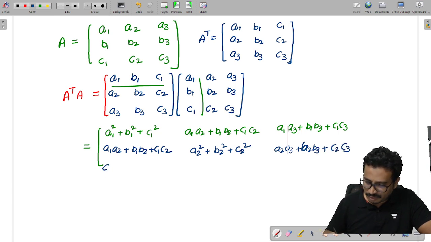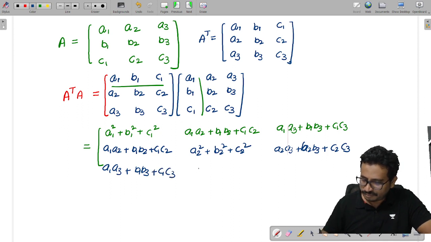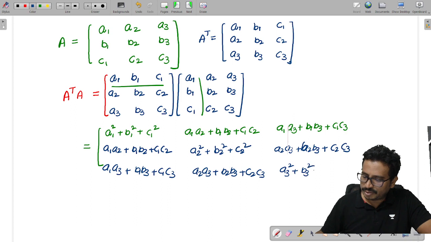Third row: a1 a3 plus b1 b3 plus c1 c3, a2 a3 plus b2 b3 plus c2 c3, and a3 square plus b3 square plus c3 square.